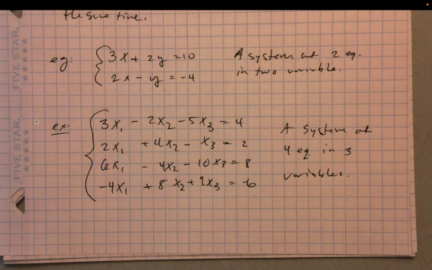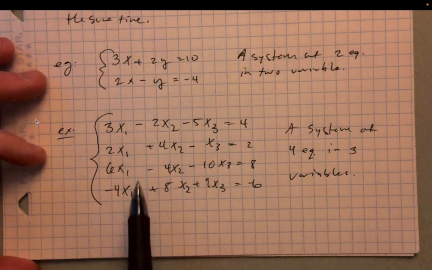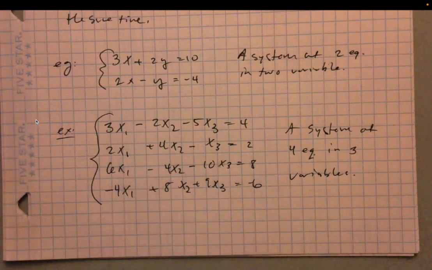Okay, so this is an example of a system of linear equations. And what do we mean when we talk about solving a system of linear equations? Well, let's think about what it means to have a solution to a single equation.